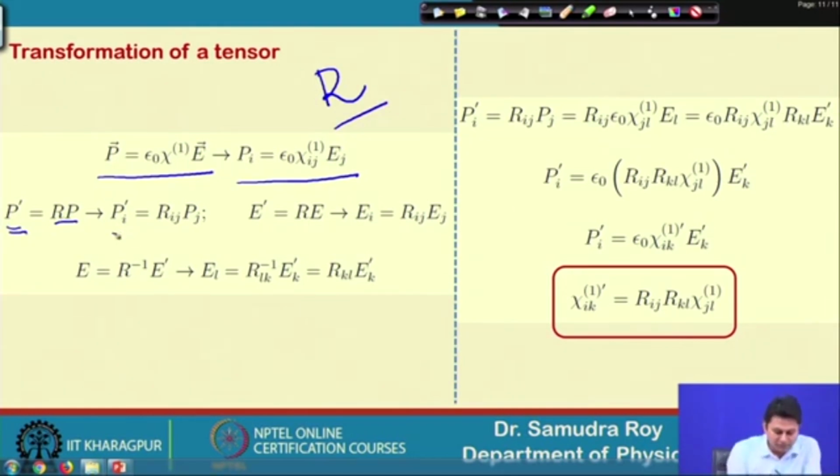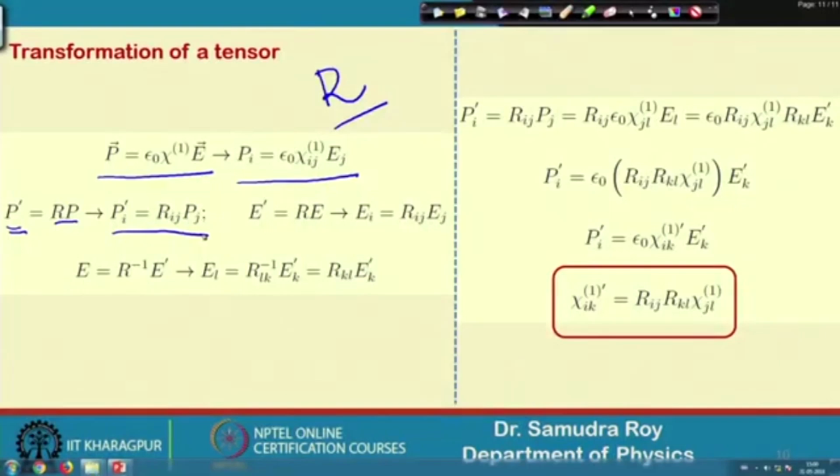In component notation, P_i prime is R_ij P_j, as before with psi, but here in place of psi we have the polarization.